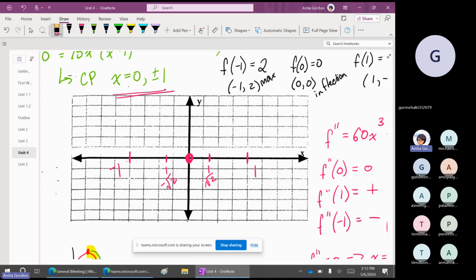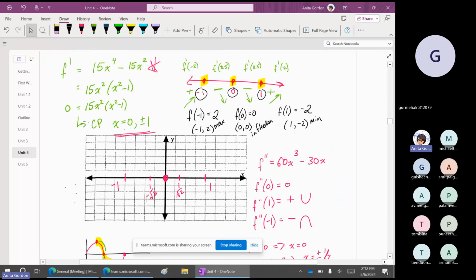Okay, so I have 2 inflection points. Before -1, I have a graph that is increasing to that point, and a max at -1, 2.